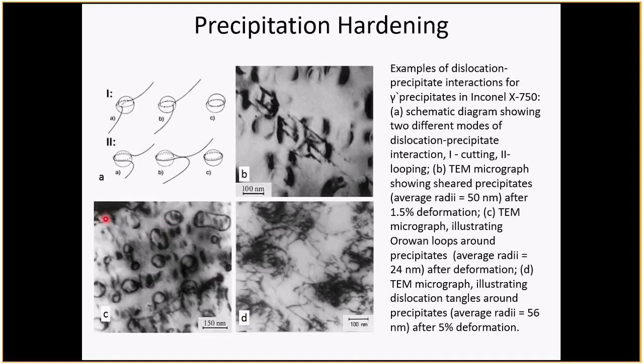This is after dislocations pass through the material. It's left these loops around the precipitates. In some cases you get neither, either because the stress is not high enough, or who knows, and the dislocations can't get through the precipitates or get around them, and they just get tangled up.